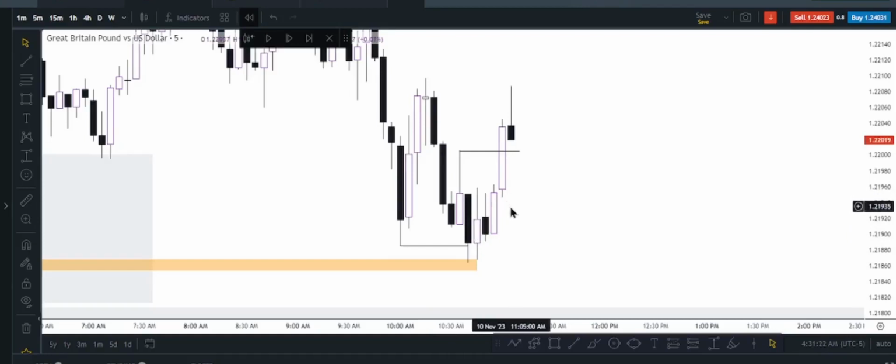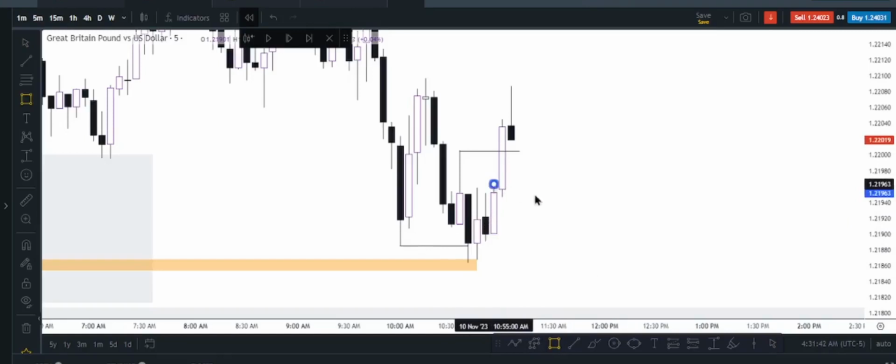We want fair value gap. Therefore we will now transfer from this candle to this next one so that we can have fair value gap, and therefore this becomes your OB in the market.